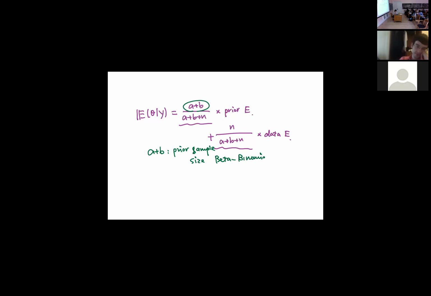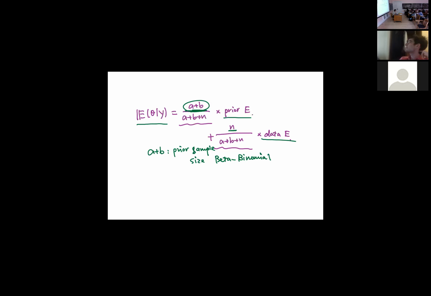So now if you look at the form, that makes sense, right? A plus b is the contribution of the prior expectation, and n is the contribution that the data expectation can have. All of these are contributions to the posterior mean.